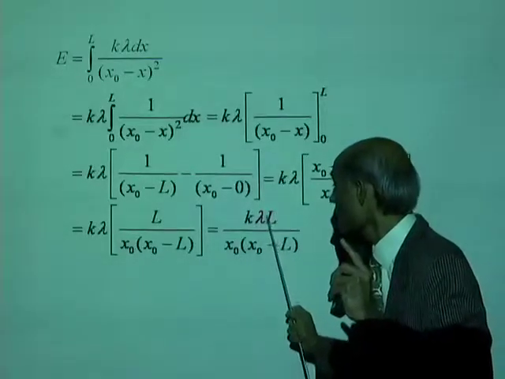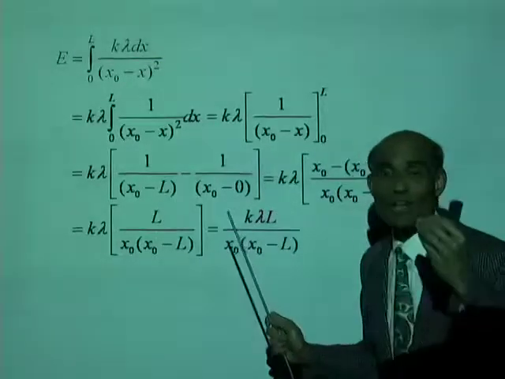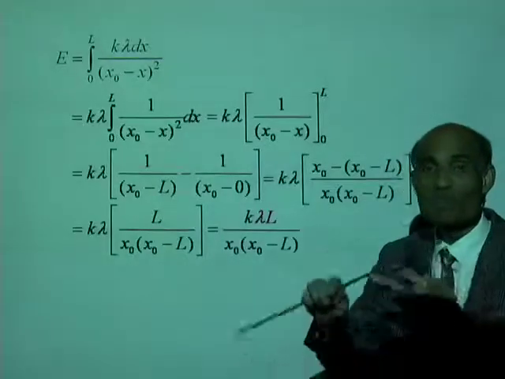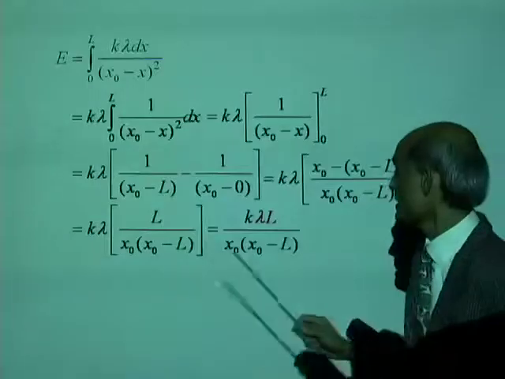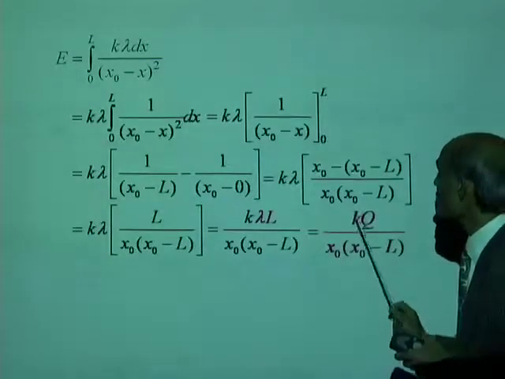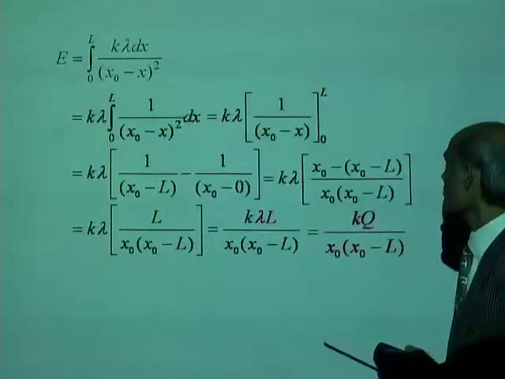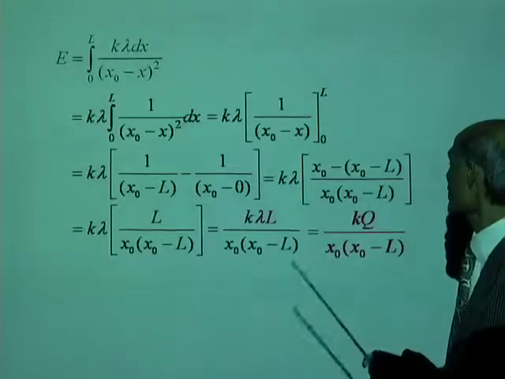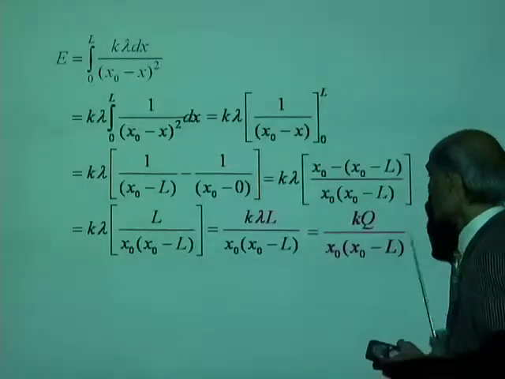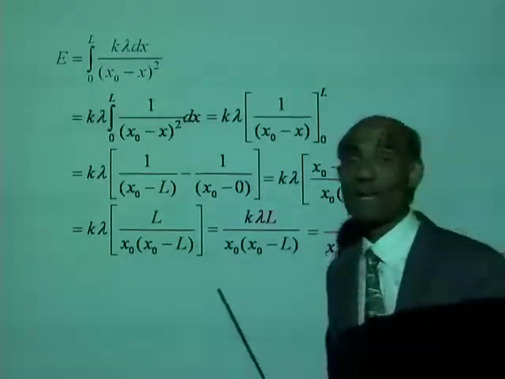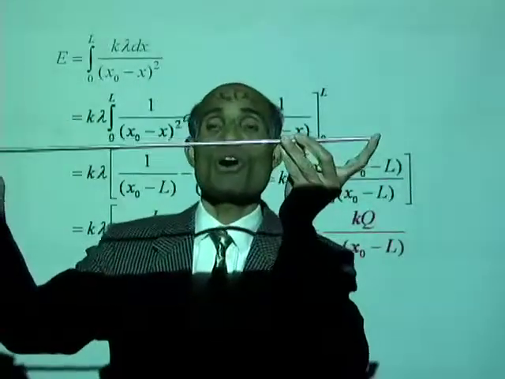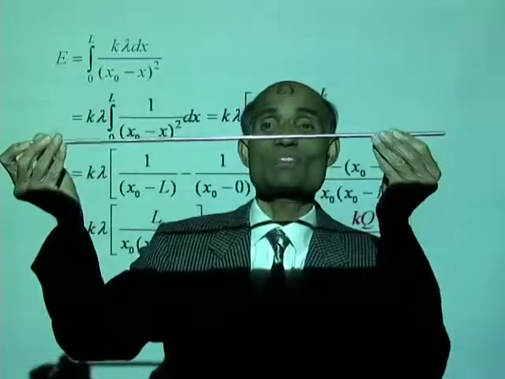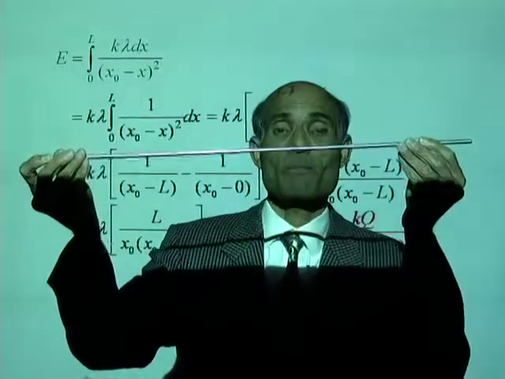If you multiply that with the length L, that is a measure of the total charge on the extended charged object. So this will be kq over x0 times x0 minus L. This is the expression for electric field at a point on the axis of an extended charged object like this.